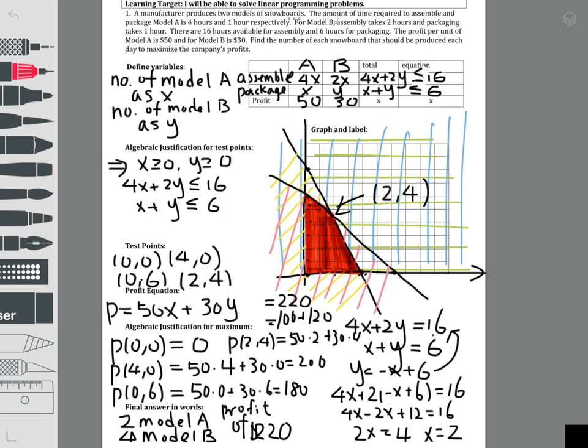So based on the labor information given, if you want to maximize the profit of this snowboard building company, they should spend the time making 2 model A and 4 model Bs.